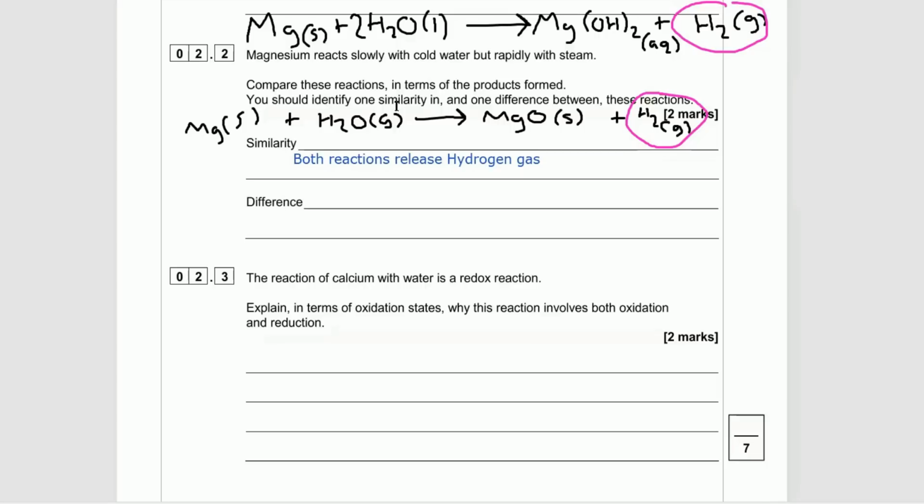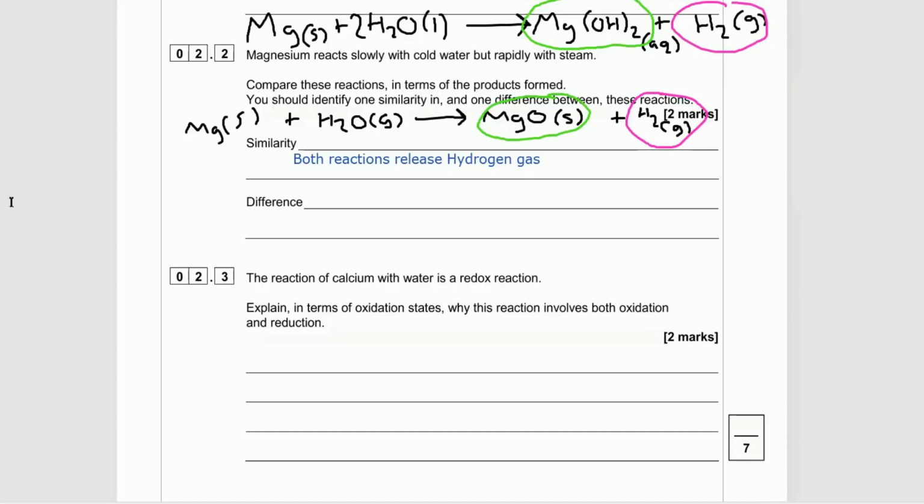Now, with the difference, you can see the difference as well. Let me just highlight that. Okay, let's highlight the difference. This one makes magnesium hydroxide solution, and this one makes magnesium oxide solid. So again, observationally, both magnesium hydroxide when solid and magnesium oxide are going to be white because they're group 1, 2, or 3 compounds, which are all white because they're not transition metals.